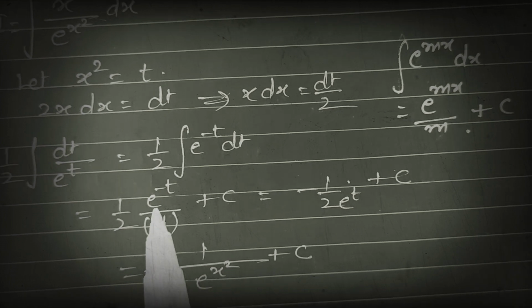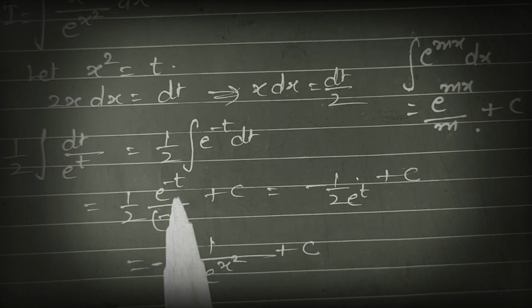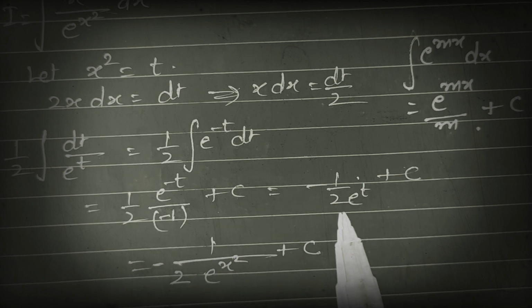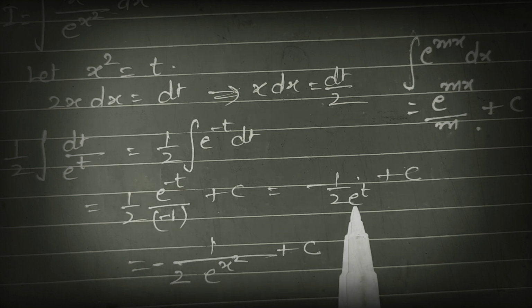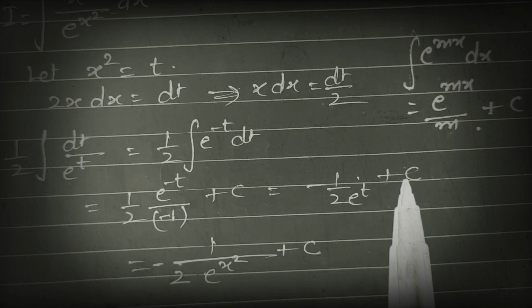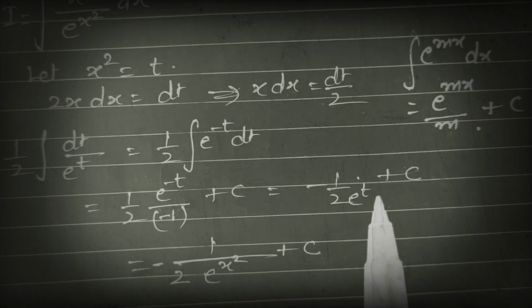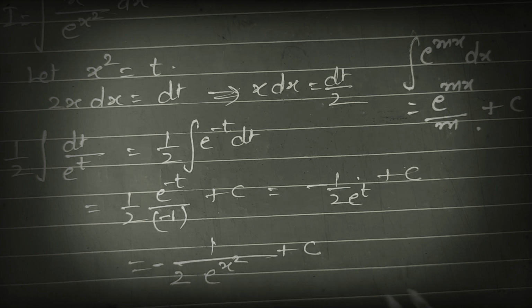Same here, the integration of e raised to power minus t is e raised to power minus t upon the coefficient of t, which is minus 1, plus c. So what is the answer? Minus 1 upon 2, and e raised to power minus t comes in the denominator with positive power, plus c. The value of t is x square. So it is minus 1 by 2 e raised to power x square plus c.